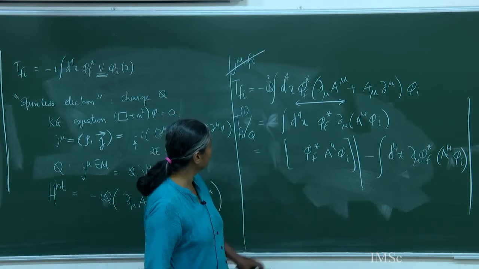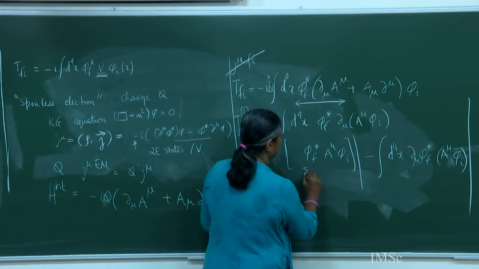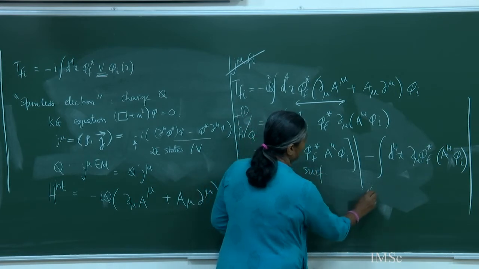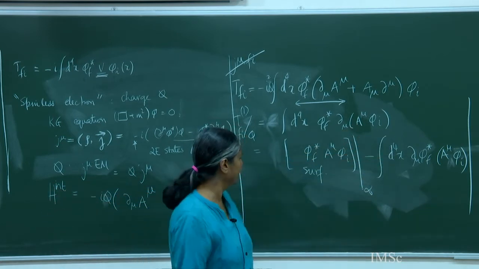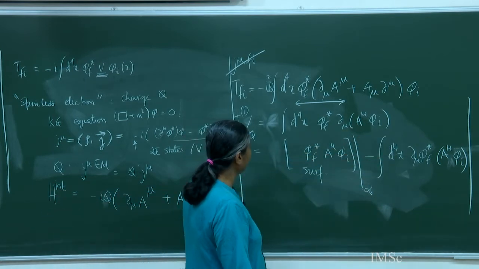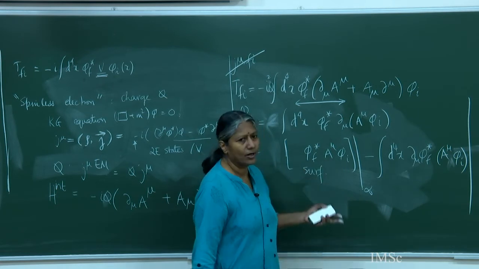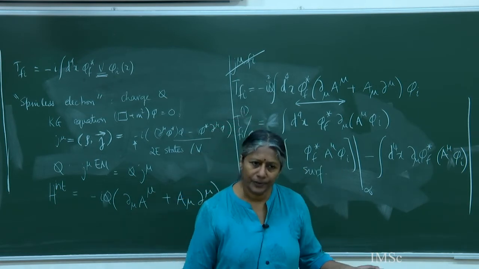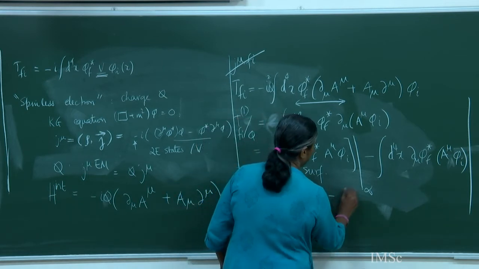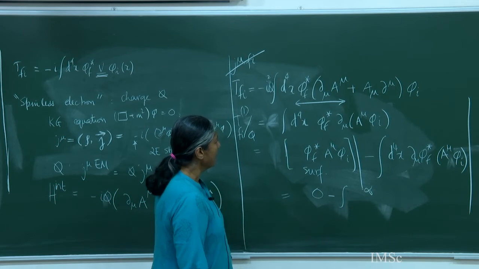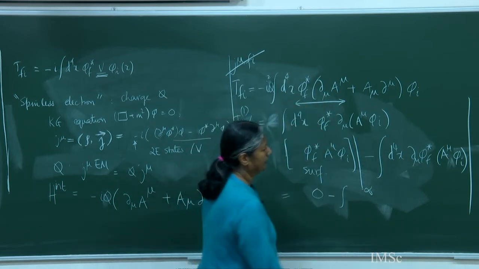So, I just want to show you this. What I have done is that I have taken the surface term. So this is the surface term. This will be at infinity, right? Because I can in principle make my volume of integration as large as possible, and I know that all these fields die out at infinity. So I do not have any contribution from the surface term, and so this term just becomes minus of the d mu term acting on phi f star.